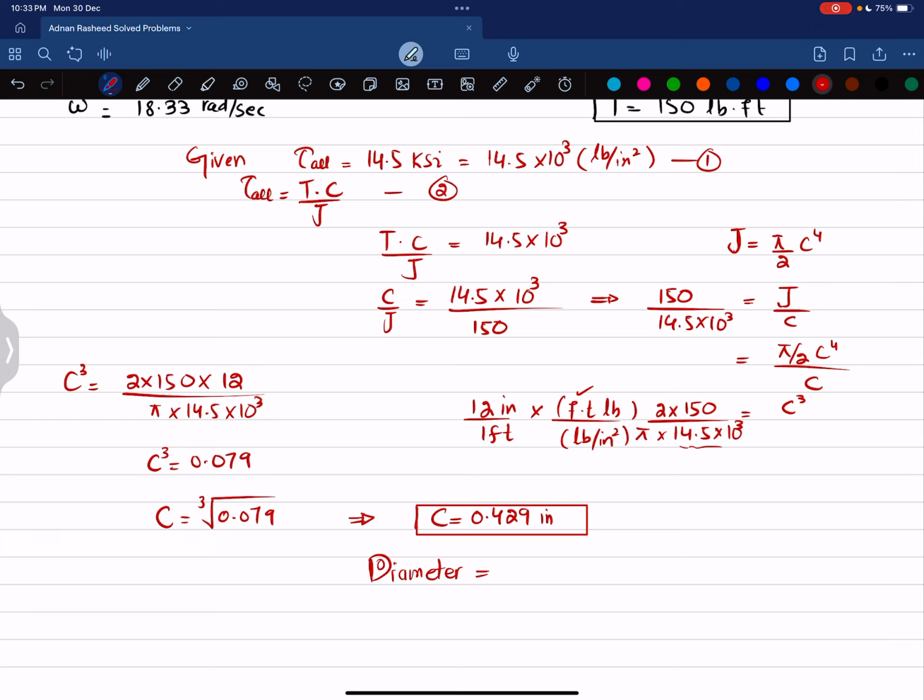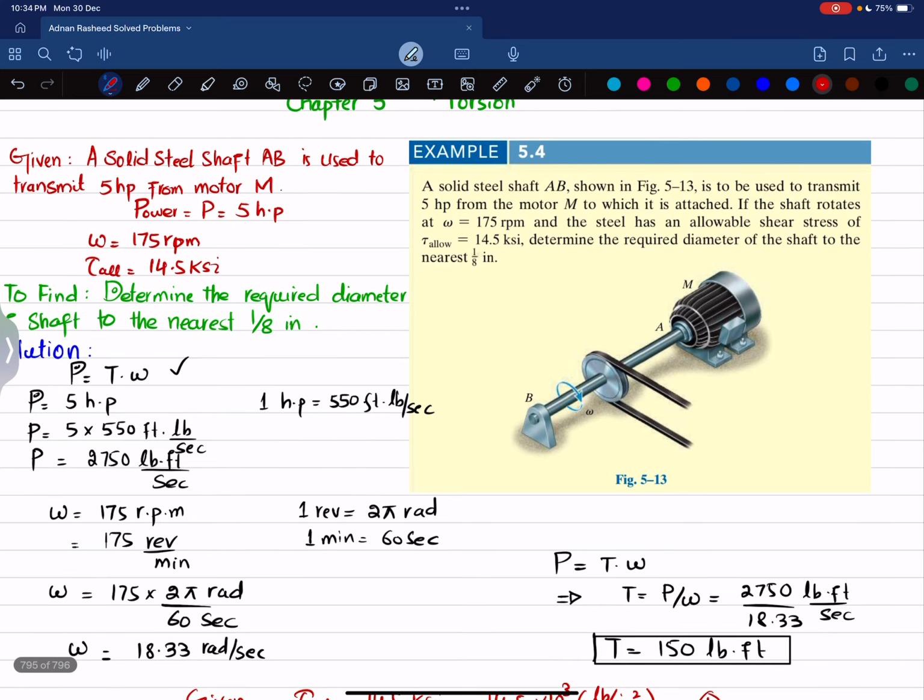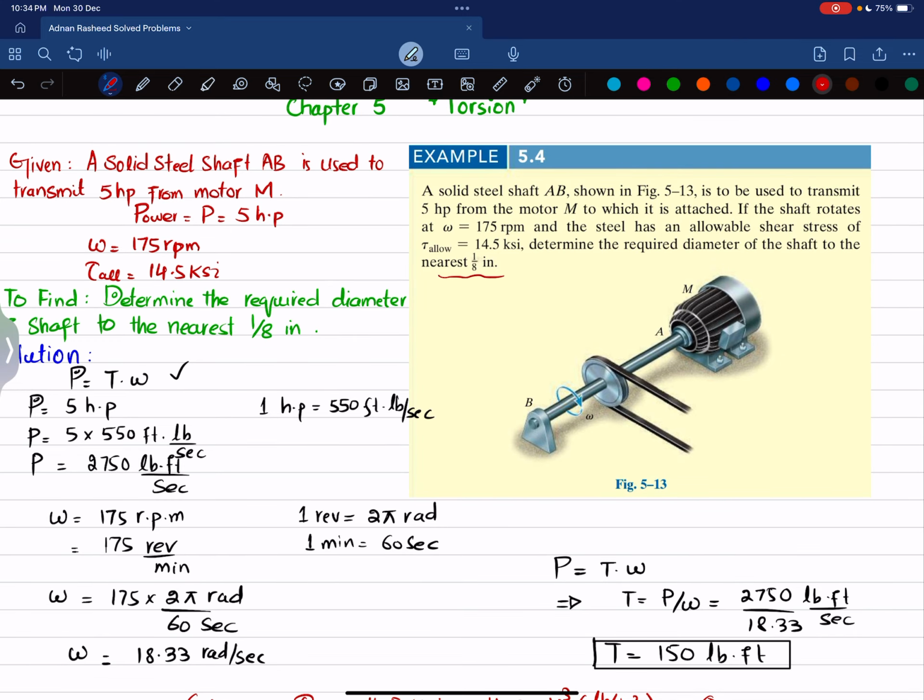Now once you get this C, we know that the diameter of this shaft is equal to 2 times the radius, where C was the radius. So 2 multiplied by 0.429 will give you a diameter equal to 0.875 inch. Now we have been asked to determine the diameter of the shaft to the nearest 1/8 inch.